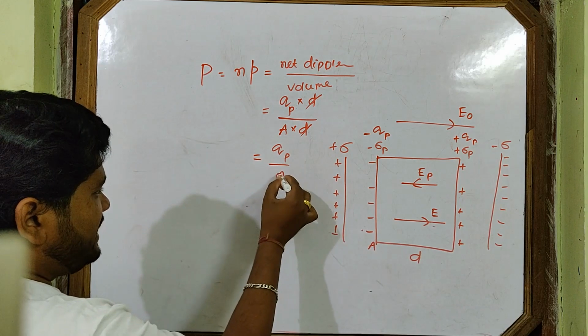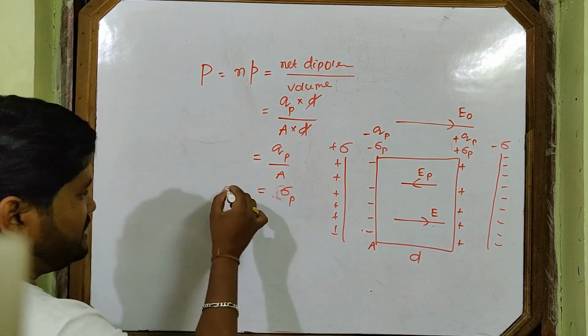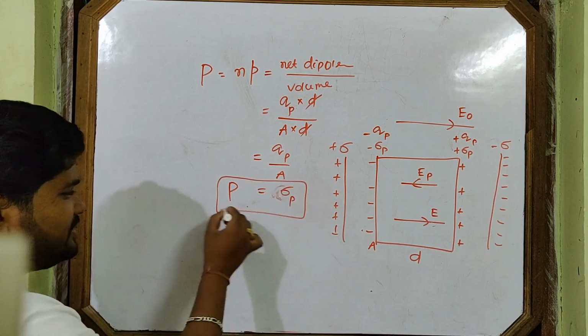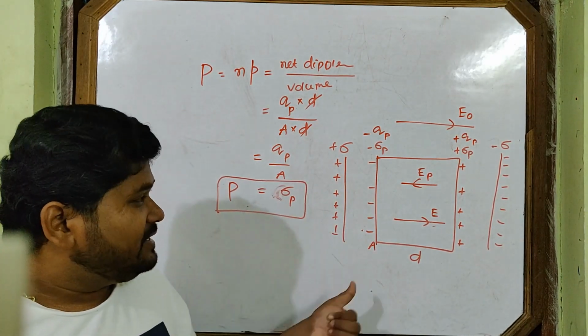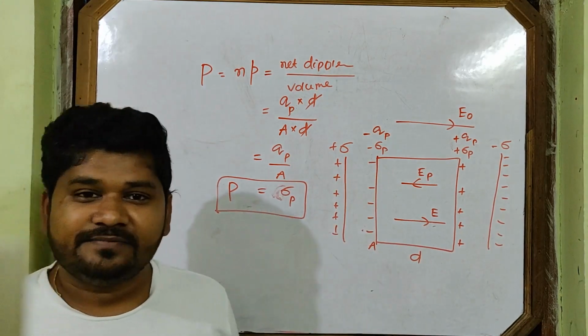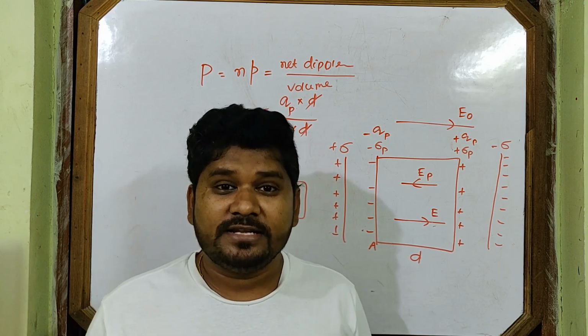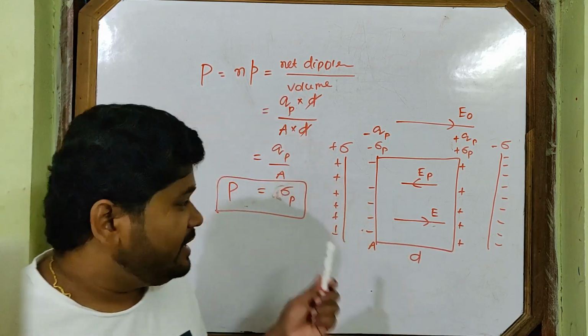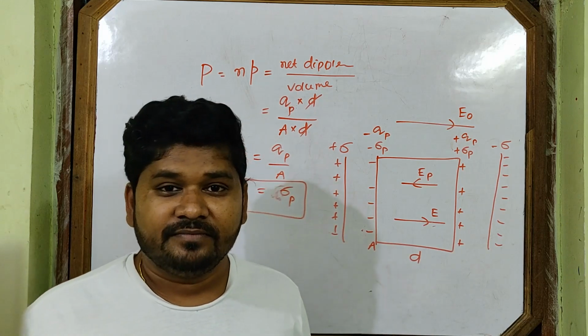What is Qp by A? Sigma p. So polarization is also numerically equal to the induced surface charge density. This can come as a 2 marks question: prove that polarization is equal to induced surface charge density.